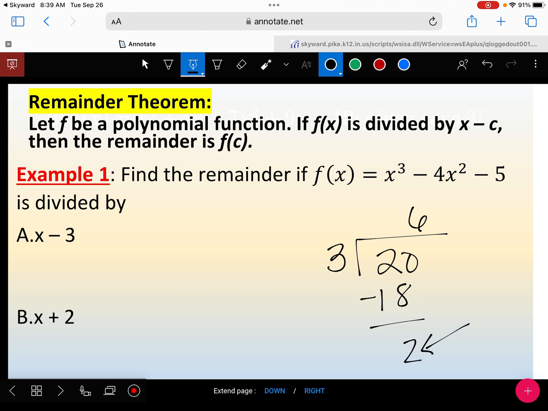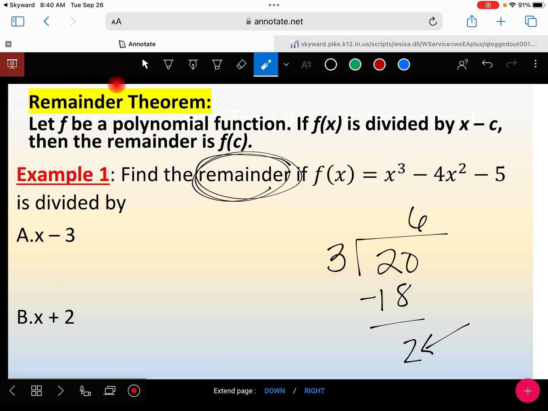When we say find the remainder, I'm asking what is left over when I divide x cubed minus 4x squared minus 5 by x minus 3. We're not dividing today. We will be dividing, but not today.